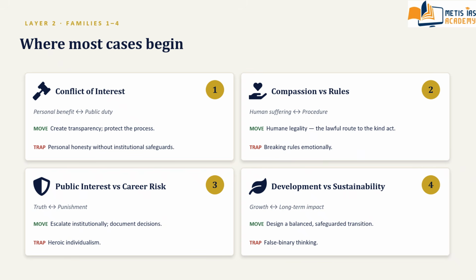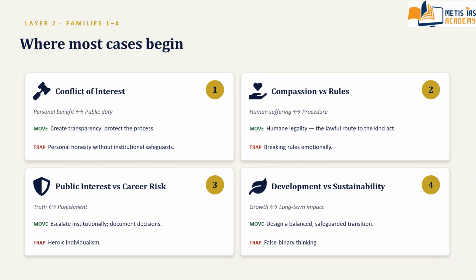Then we are moving to family number two, that is compassion versus rules. What is the compassion, what are the rules. In this pattern, the questions ask like this: human suffering to procedure, procedure to human suffering. This type of question belongs to family number two.